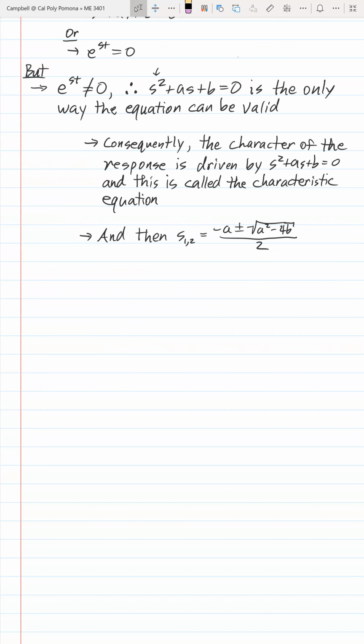So as I said, the characteristic equation drives the general nature of the response.